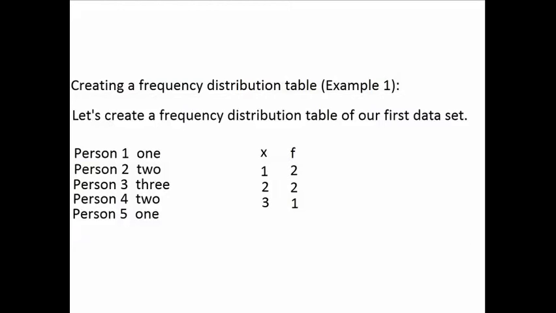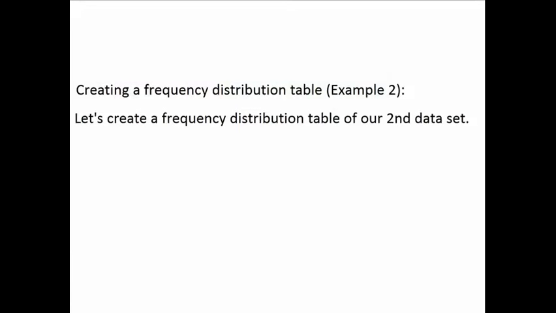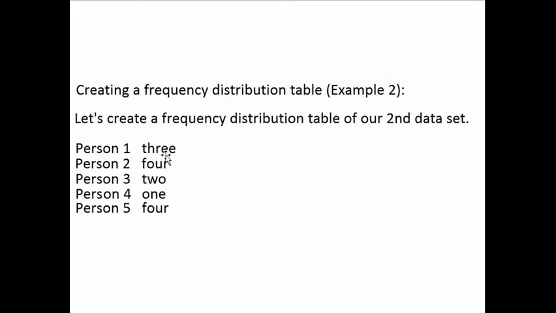Let's look at another example of a frequency distribution table. Let's go back to our second data set. This is the data set that shows the number of classes that each person was taking. Remember, I asked 5 people how many classes are you taking, and I recorded their 5 answers.